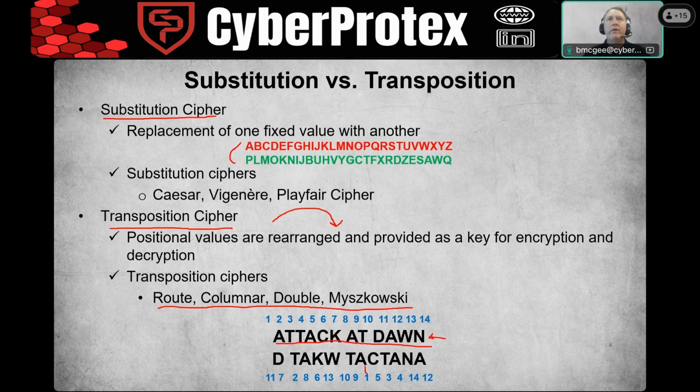So 1 is here, 2 is here, 3 is here, 4 is here, and so on and so forth. You can reassemble those scrambled characters based on this transposition, the number values. These are message counters that we put onto this message to help us put it back to a decrypted value. And so with transposition, really we're just rearranging in a way that's meaningful.